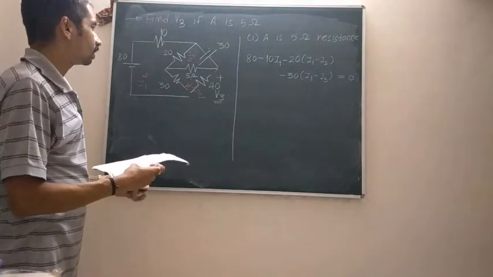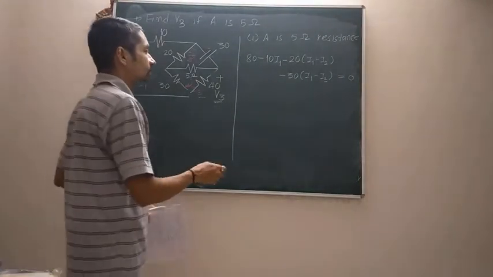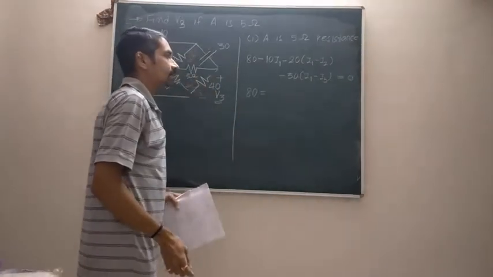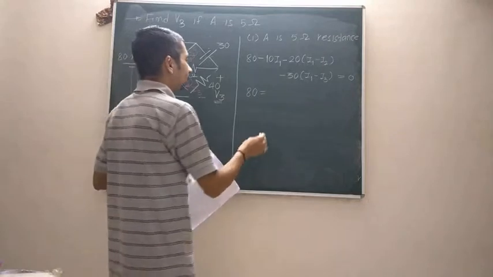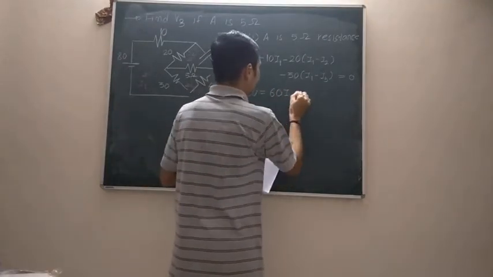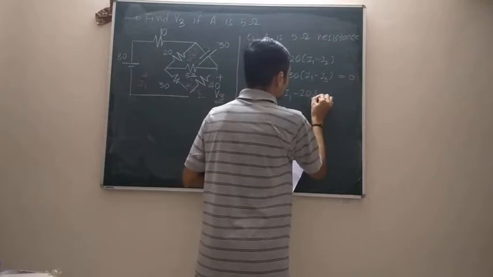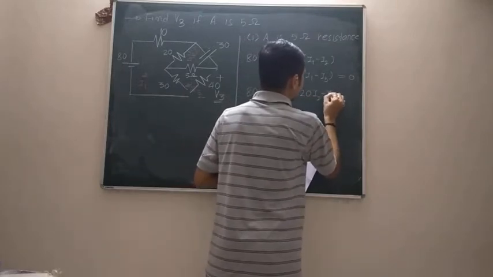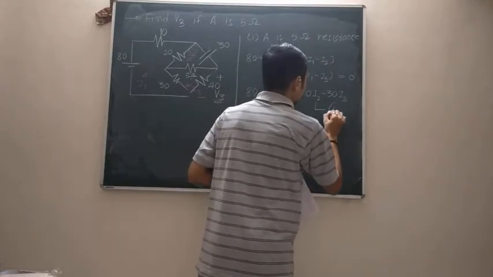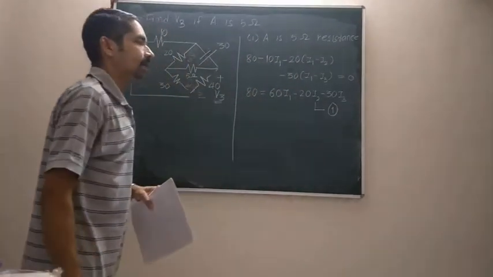So now the next step is to simplify this equation further. If I do that, I will get a simplified version of the equation as 80 is equal to 60I1 minus 20I2 minus 30I3. I will call this equation number 1.